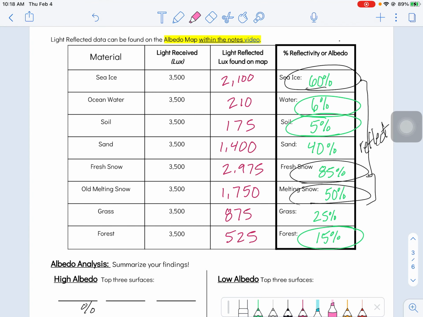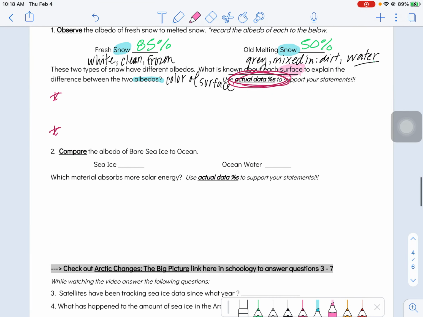So we want to find sea ice and ocean. So 60 and 6%. And we want to know which material absorbs more. Again, supporting that with some data.